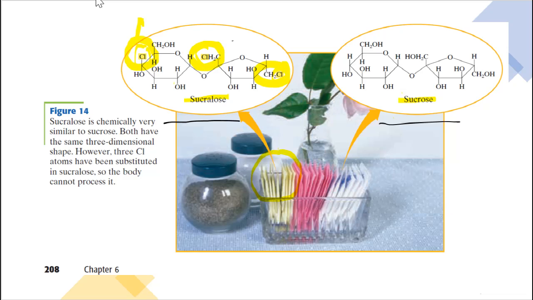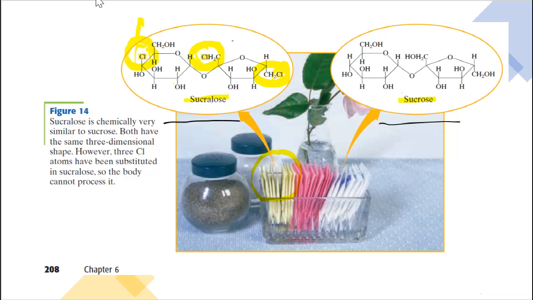So the way this works is when sucrose hits your tongue, it's just the right shape so that the nerve cells, the taste cells in your tongue, recognize it and send a signal to the brain, and then the brain makes it taste sweet, gives you this sweet sensation. Now, sucralose is the same shape except for a few different atoms, these chlorine atoms.